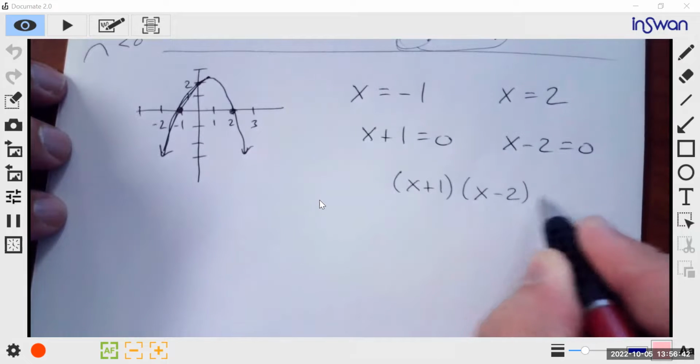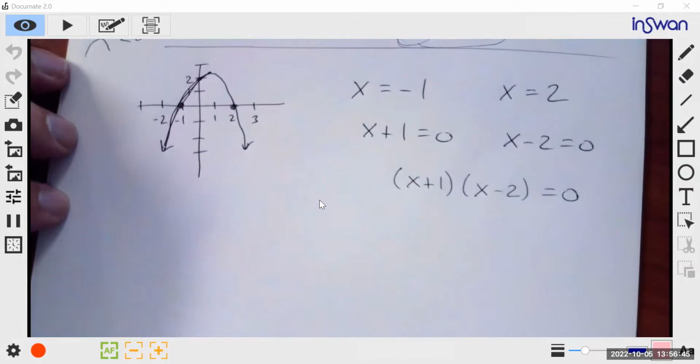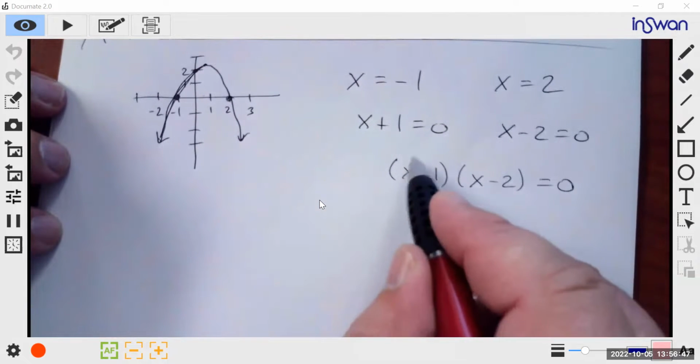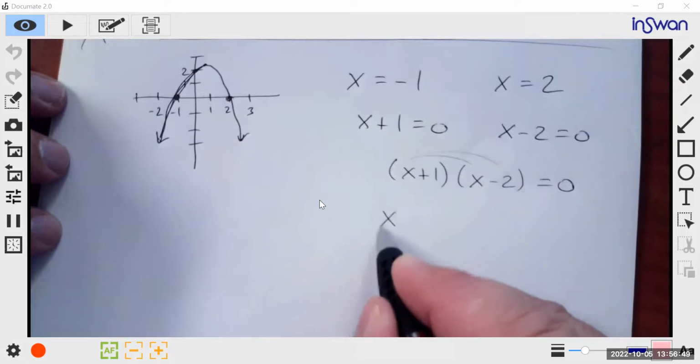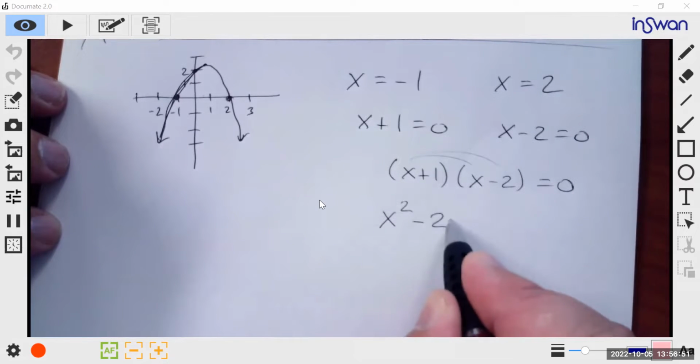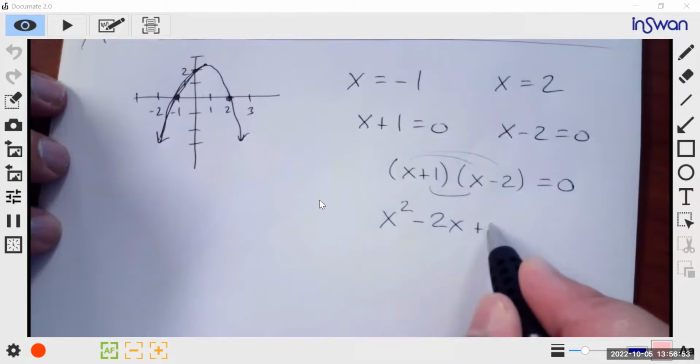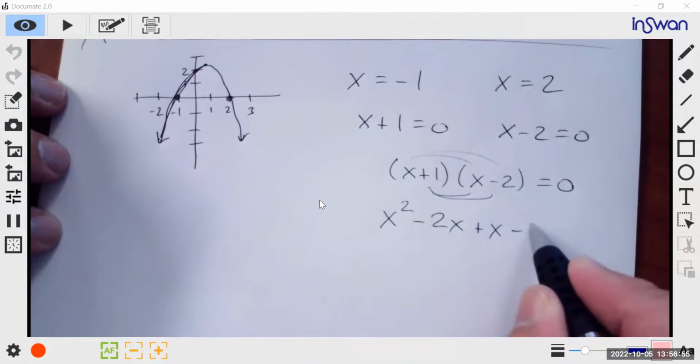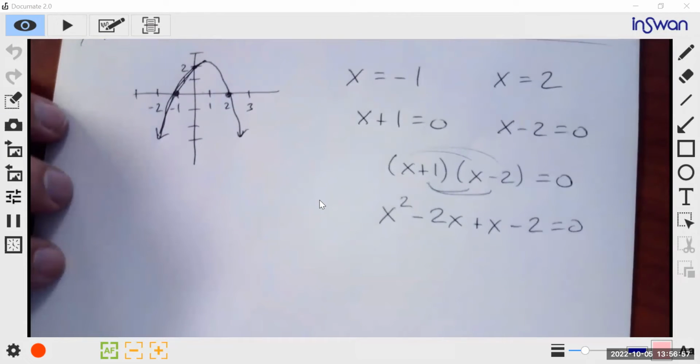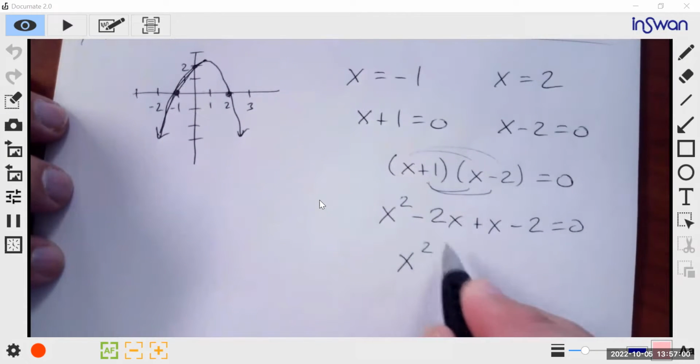X plus 1, x minus 2 equals 0. We have x squared, -2 plus 1 is -1.